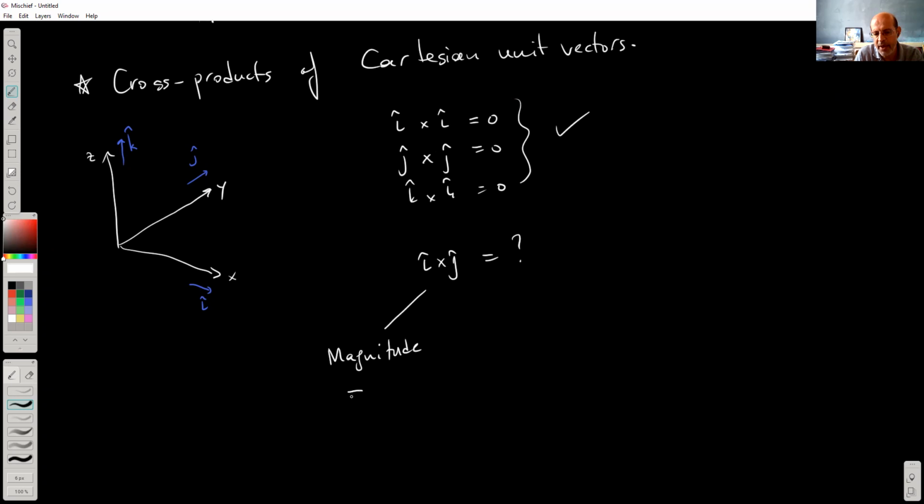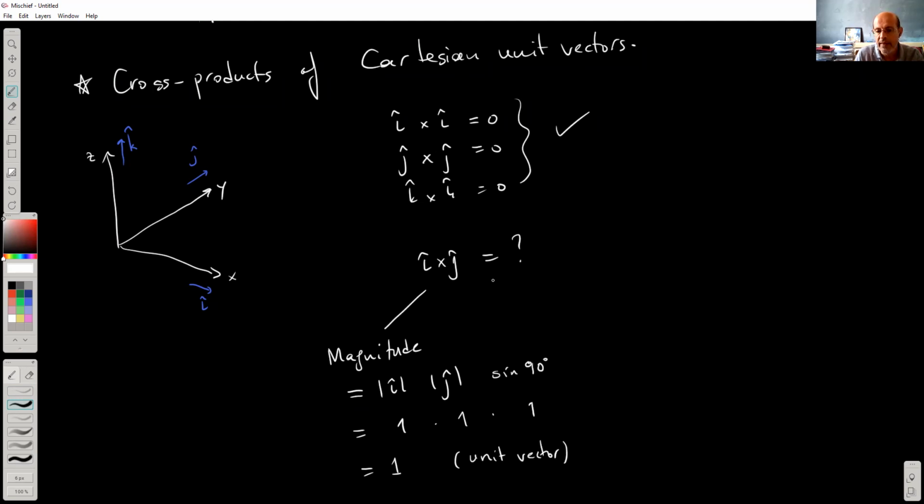It's the magnitude of the I unit vector multiplied by the magnitude of the J unit vector multiplied by the sine of the angle between them. And this time the angle is 90 degrees. These are unit vectors, so all the magnitudes are 1. The sine of 90 degrees is equal to 1. Therefore, the result has magnitude 1, which means the result is also a unit vector.